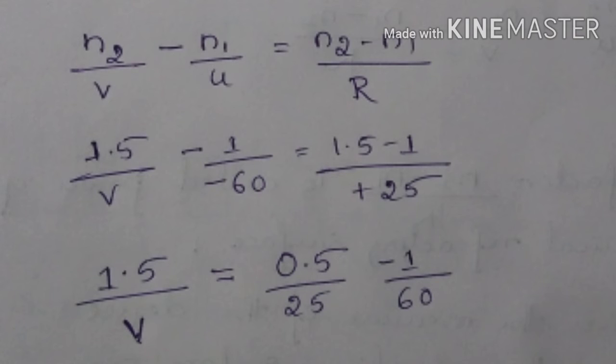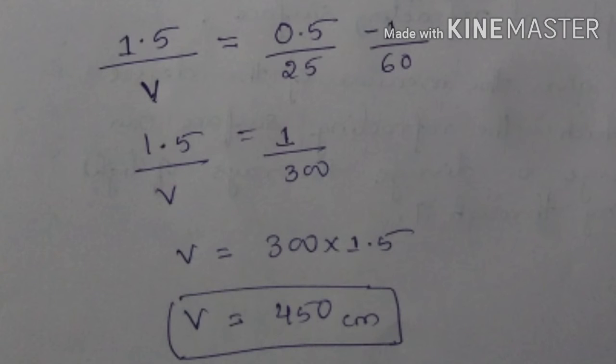So this can be written as 1.5 divided by V is equal to 0.5 divided by 25 minus 1 by 60. If you solve this equation, you will get the value of V. So if you solve 0.5 divided by 25 minus 1 by 60, then you will get 1 divided by 300.